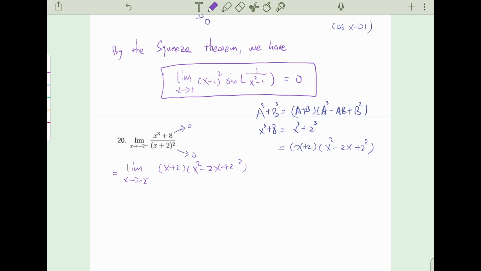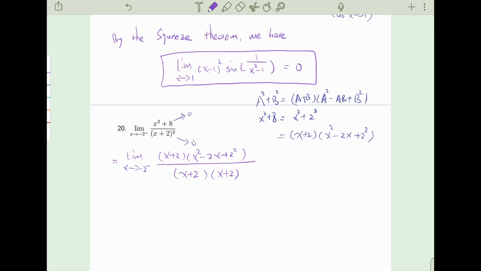And in the bottom, I also have x plus 2, right? This square. So the square, I can write as x plus 2 multiplying together.